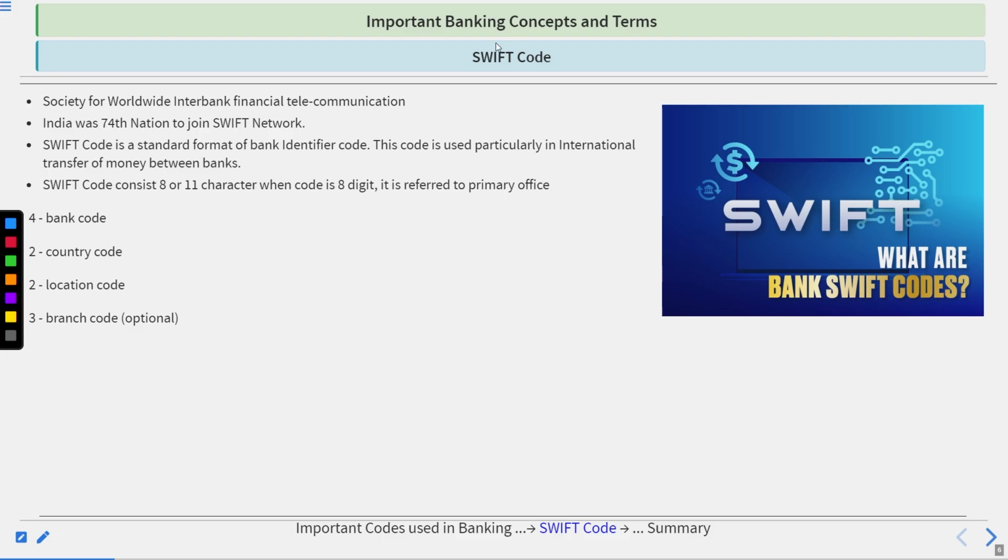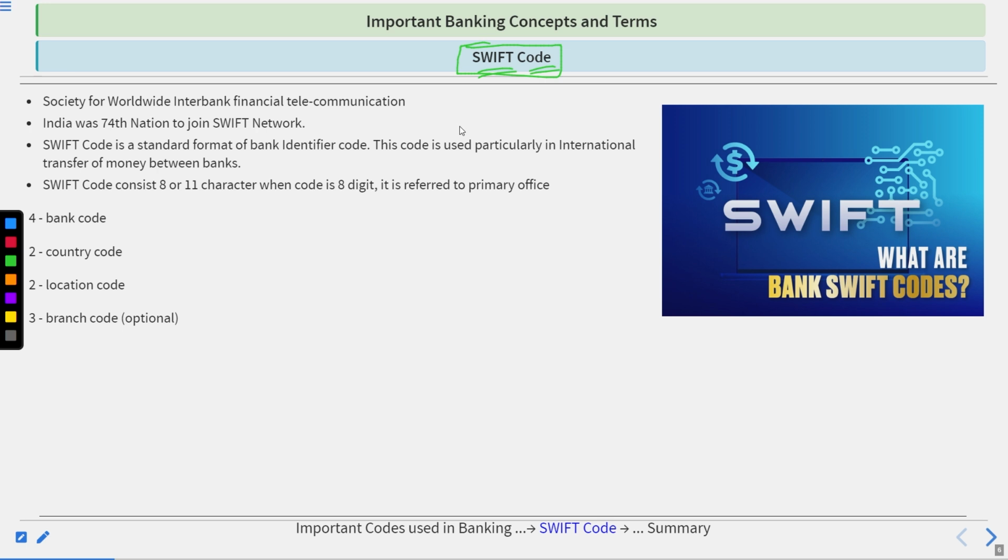Okay, now we have the Swift code. If you are following current affairs, then you must be aware of Swift, because it is always in the news. Like if you remember when the Russia and Ukraine conflict started last year, Swift imposed some sanctions on Russia so that Russia should not be able to facilitate its international transactions.